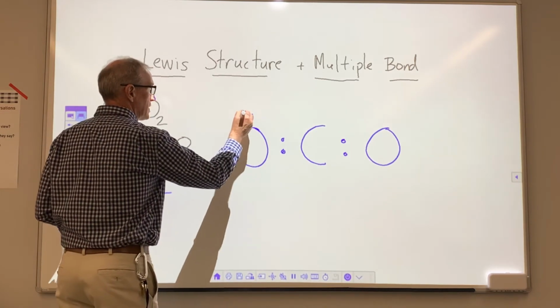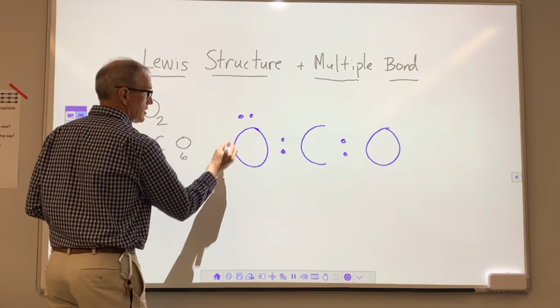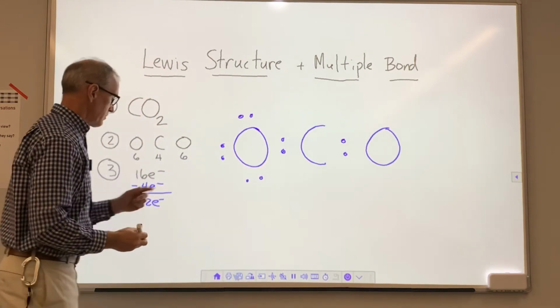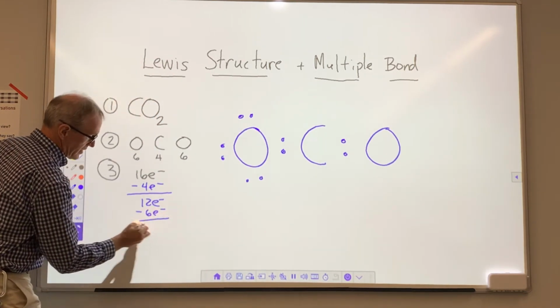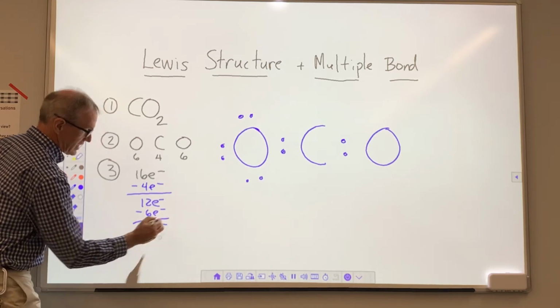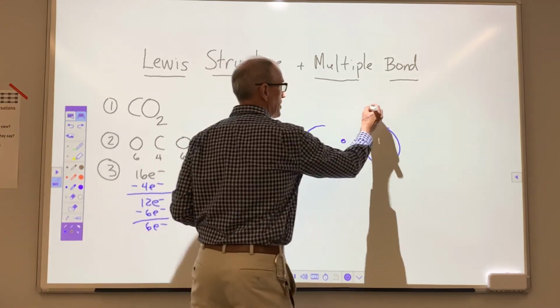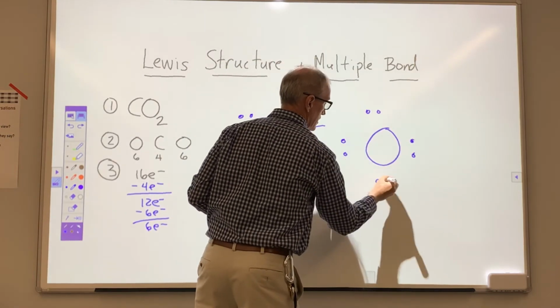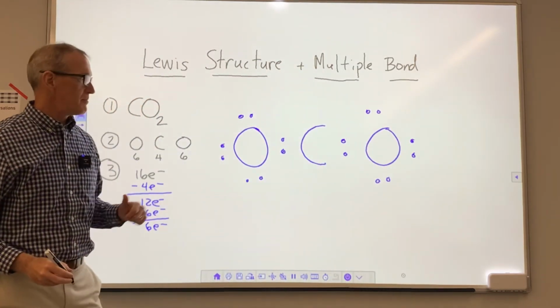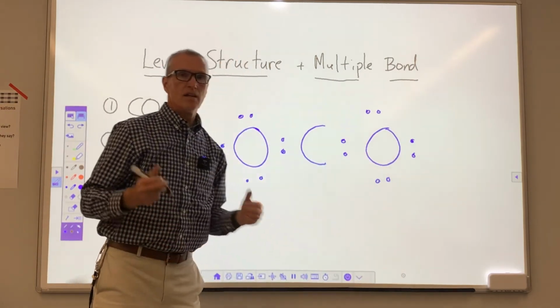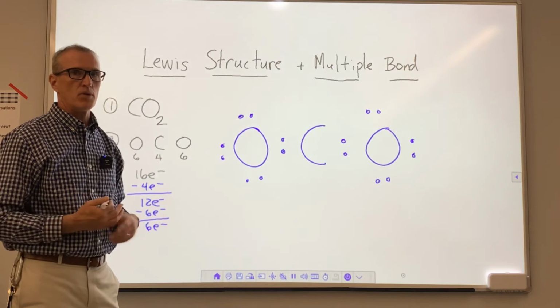So that would be 2, 4, 6, 8. And that was 6 electrons. So now I'm down to 6 valence electrons left. I'm going to do the same thing over here. 6 electrons for that one. So this oxygen has 2, 4, 6, 8. It's got the octet. It's got the noble gas configuration.